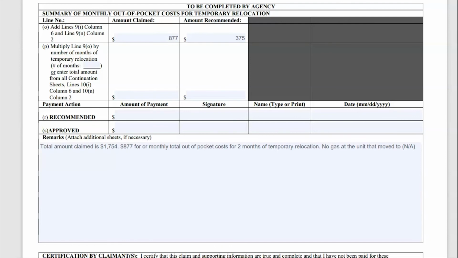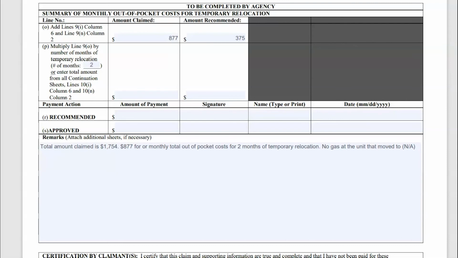Then in 9P, the subrecipient will input the number of months of temporary relocation and multiply that by the amount claimed or recommended above. Or, alternately, they can enter the total amount from all the continuation sheets on line 10I, column 6, and 10N, column 2.